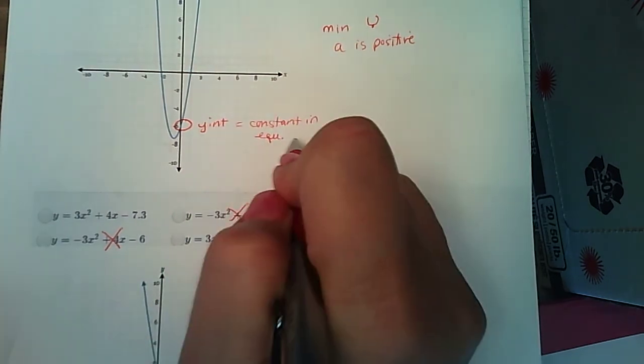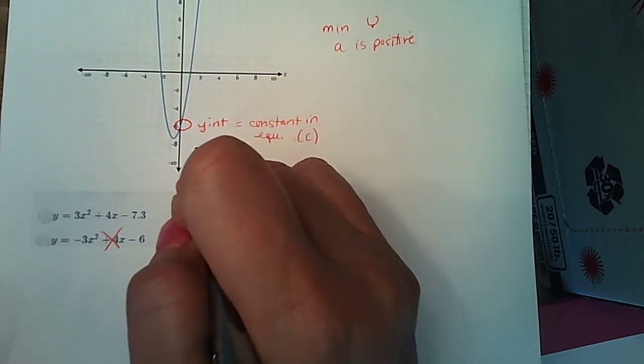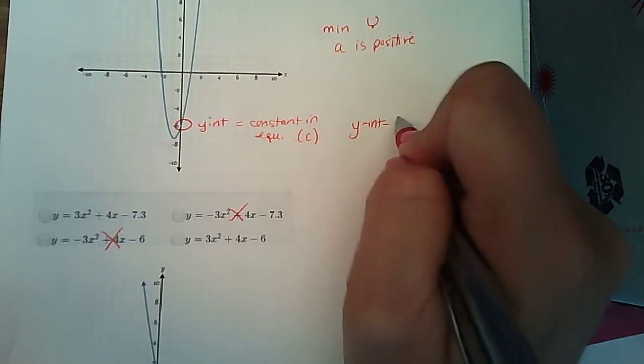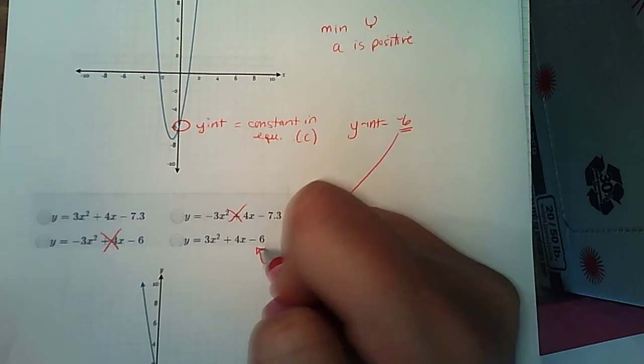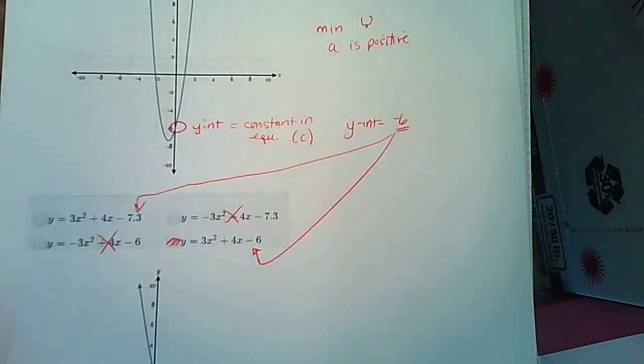That means it is my C. So here, my y-intercept equals -6. That means that this piece right here has to be -6, so that has to be my answer. There's just certain things to look at. Different graphs, different things to look at.